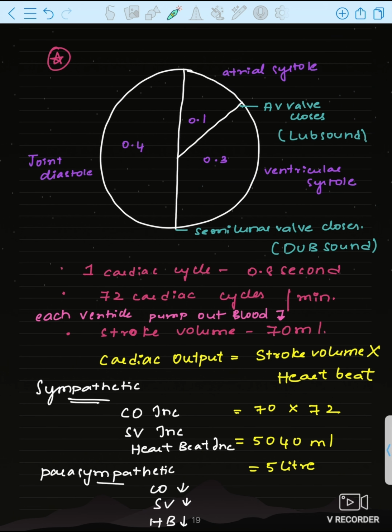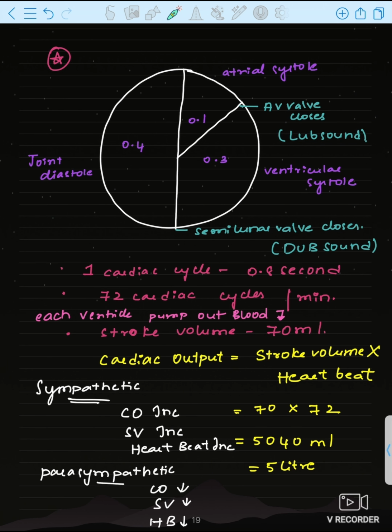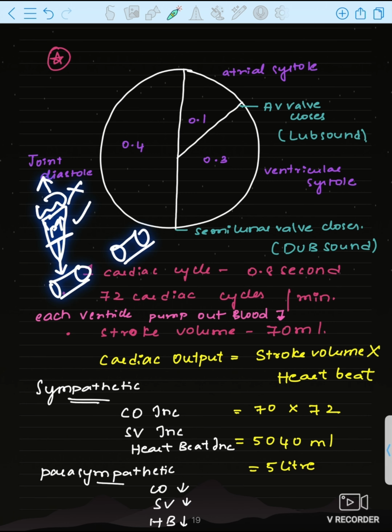And what happens? In the beginning only the AV valve closes, that is lub sound production, and the semilunar valve closes, tub sound production. In ventricular systole, both the ventricles will contract simultaneously and ventricular pressure will increase, through which the AV valves will close to prevent backflow, and further pressure will increase and blood will go into the pulmonary artery and aorta.